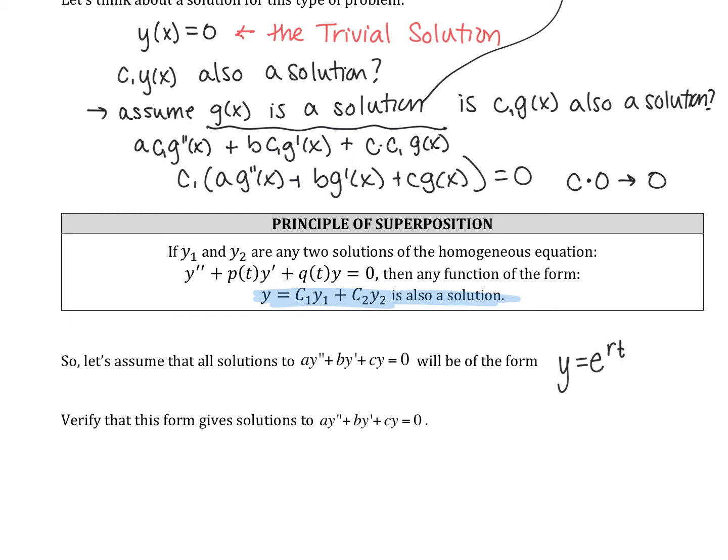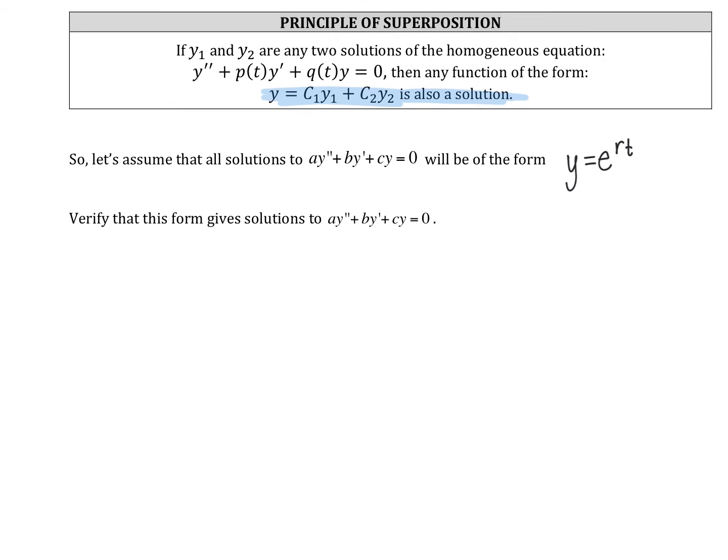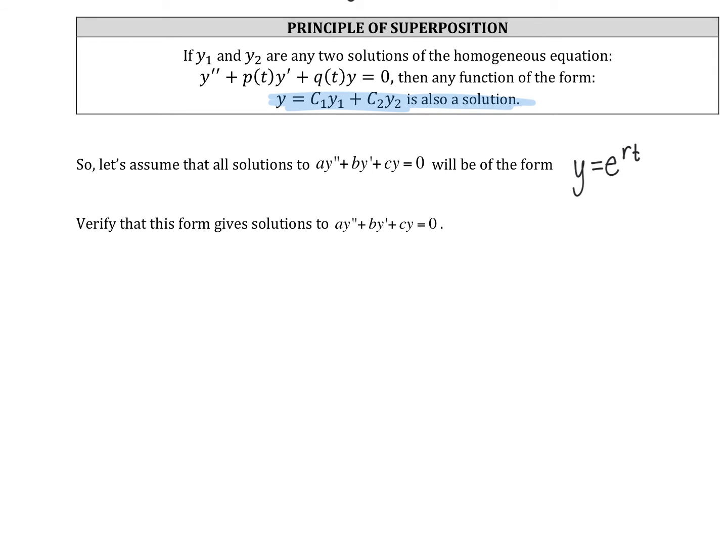Now, let's verify this actually works, okay? Does this solution actually prove true if we were to plug it into this equation? So let's start with the fact that our y is e raised to the rt. If I were to do y prime, what is it going to be? R e to the rt. And then what is y double prime? R squared e to the rt.